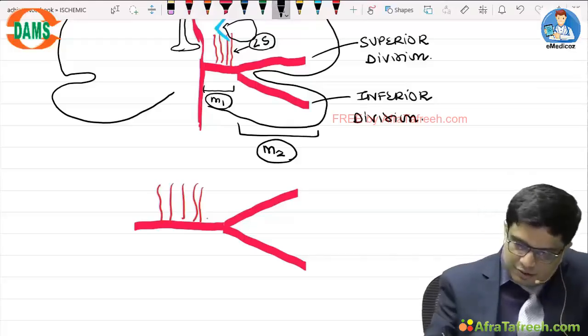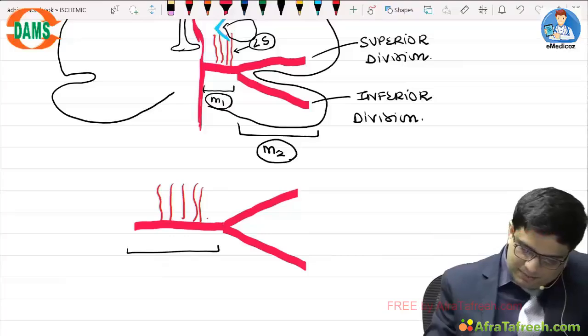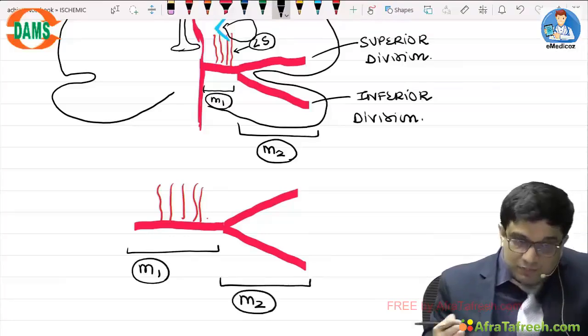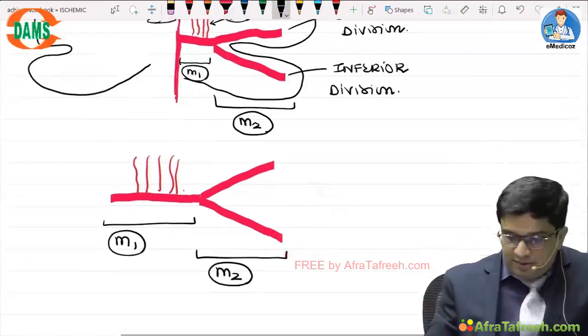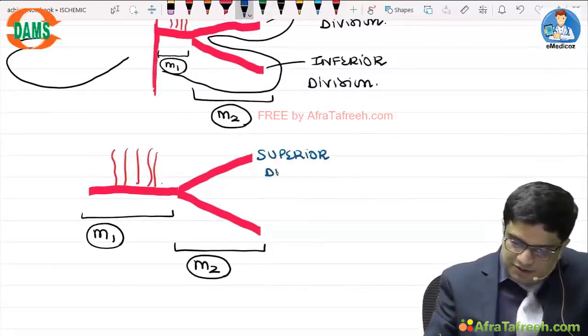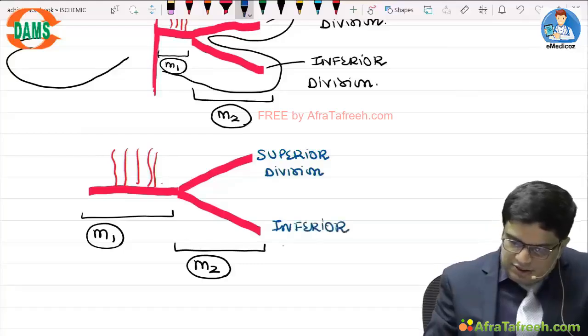So the segment which is pre-division is known as the M1 segment, and the segment which is post-division is known as the M2 segment. The M2 segment has two divisions over here. One is the superior division, the second one is the inferior division.